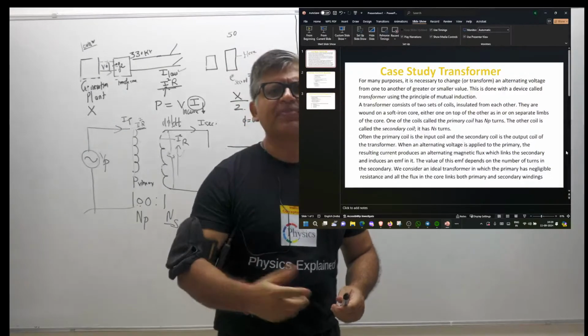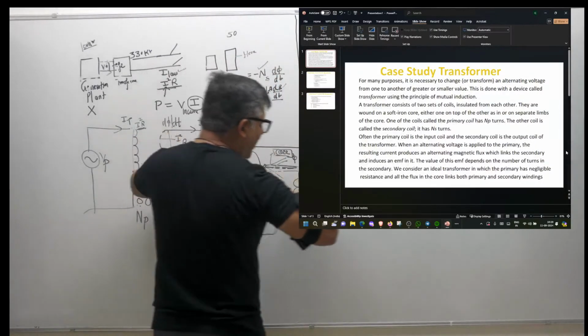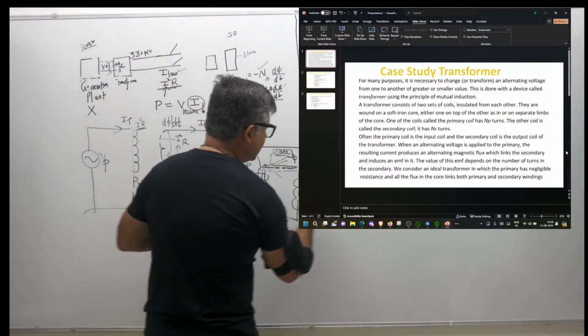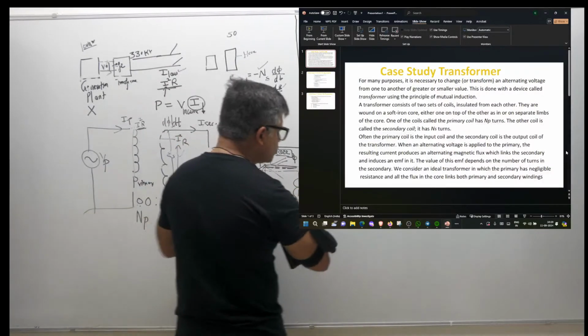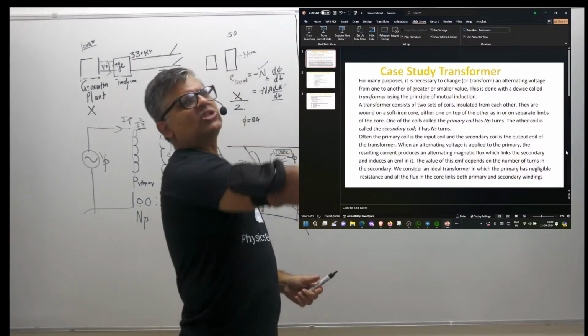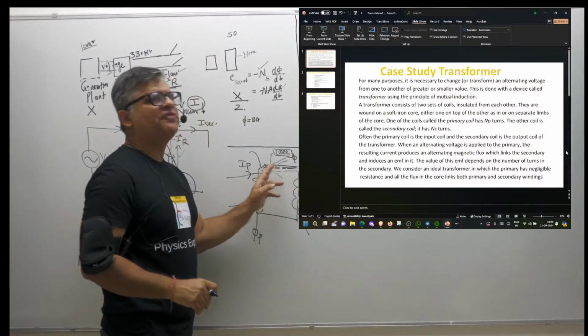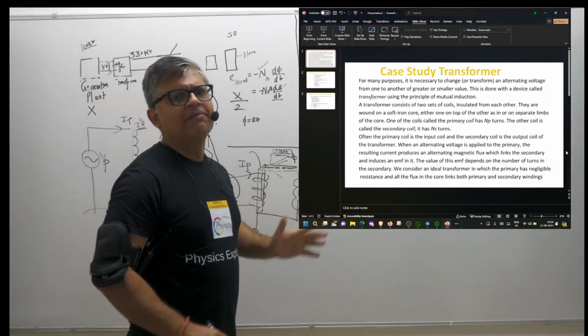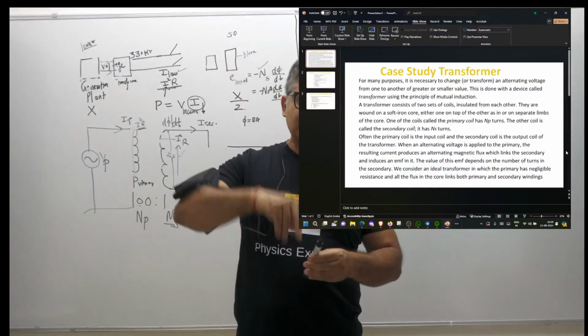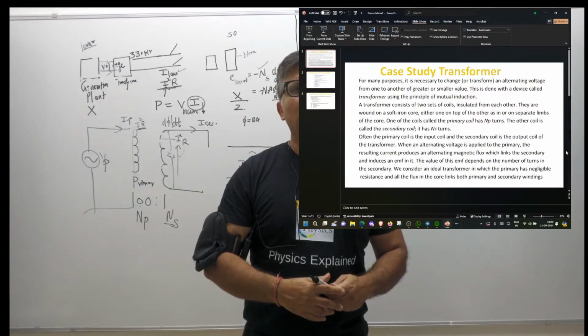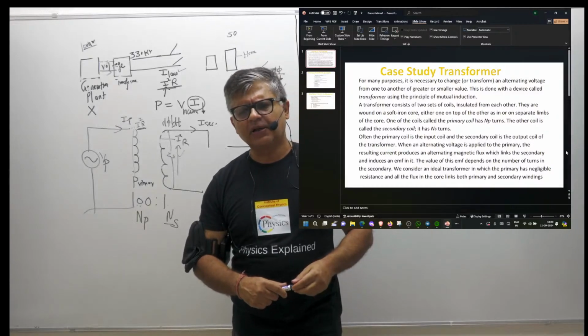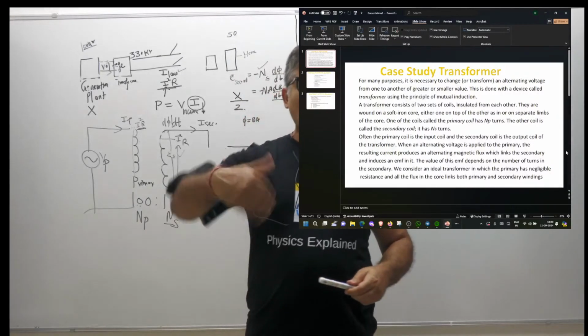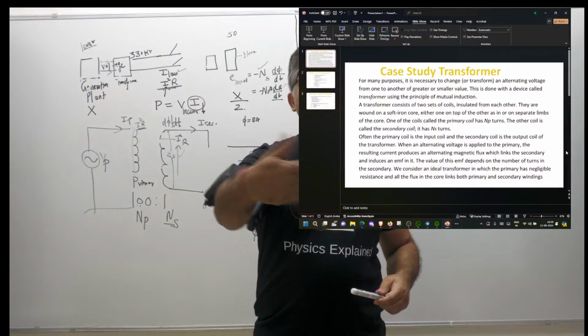Why does it happen? The two coils may be very far away from each other, so the flux is not able to reach. But you do have a mechanism of soft iron to take care of this. But somehow you still have magnetic leakage happening in the transformer. That also translates into inefficiency, right?